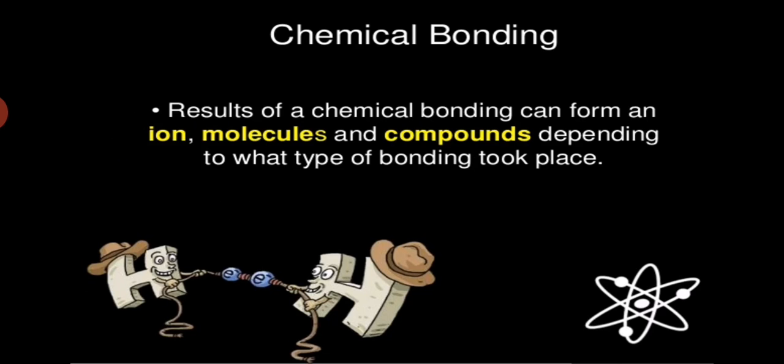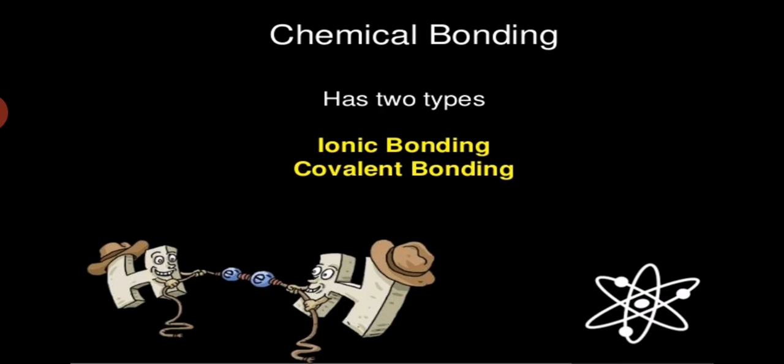A chemical bonding can form ions, molecules and compounds depending upon what type of bonding takes place. Means which type of bond we want for the formation of that particular compound results in the formation of a chemical bond.